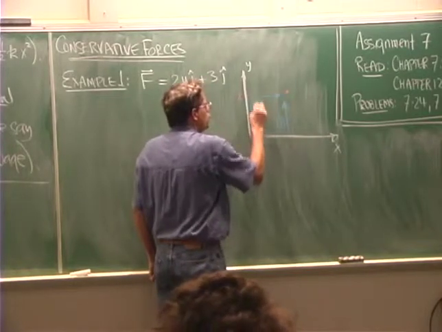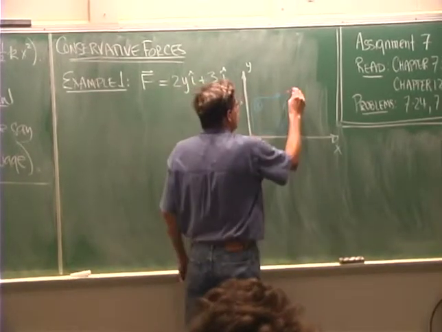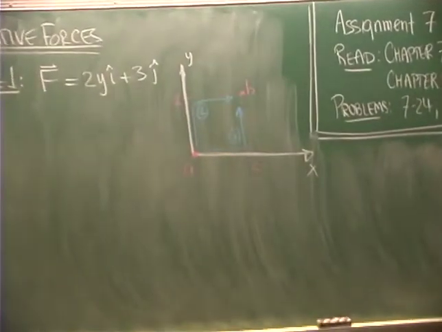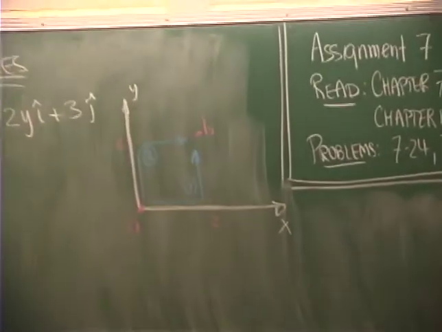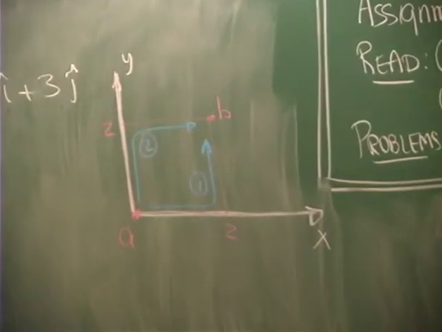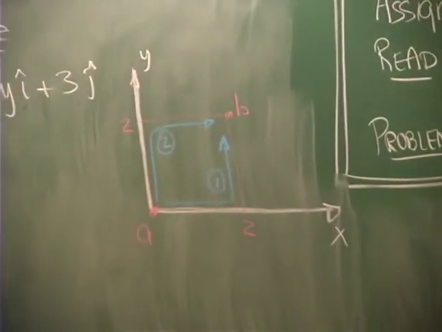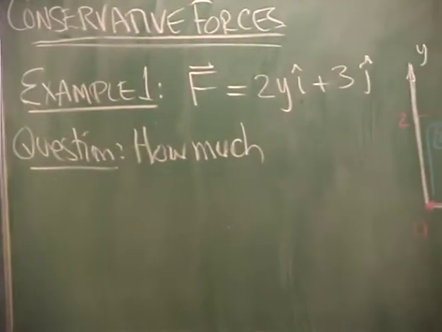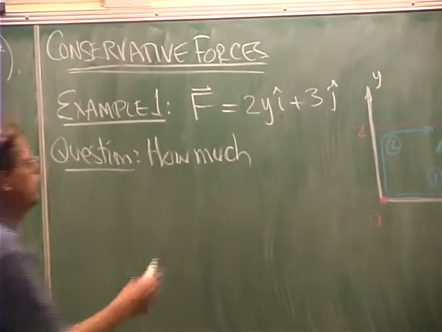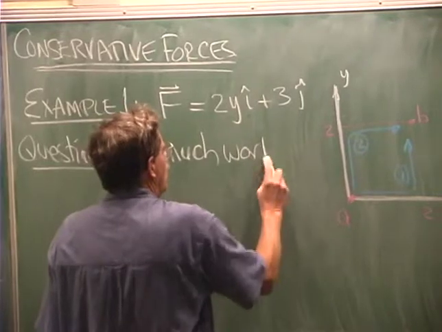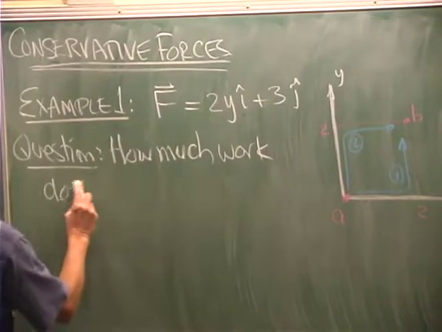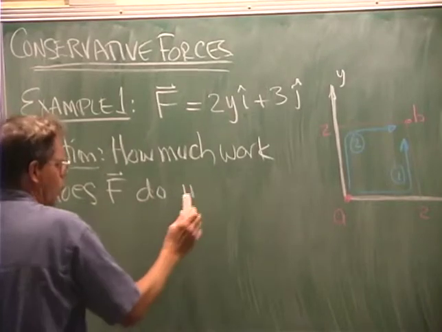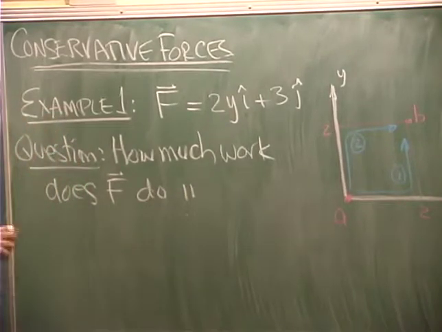We'll call it route 2. That's from the point A out to the point B. And I want to know, how much work does F do when I move an object from point A to point B?